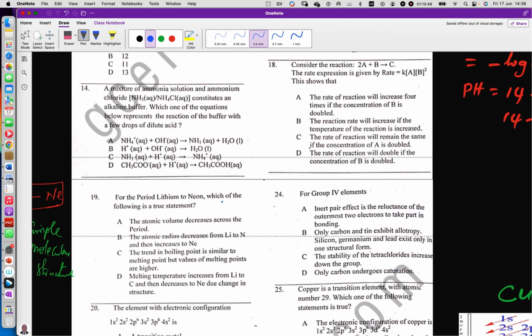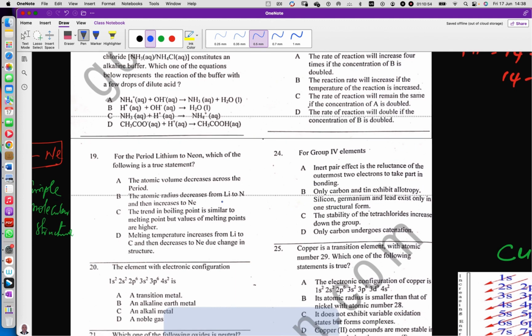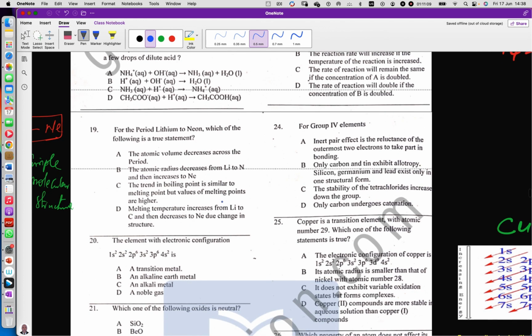For question number 19, our answer is D. Melting point increases from lithium to carbon and then decreases due to change in structure, from giant metallic to giant molecular and finally to simple molecular structures. So D is the right answer, number 19.